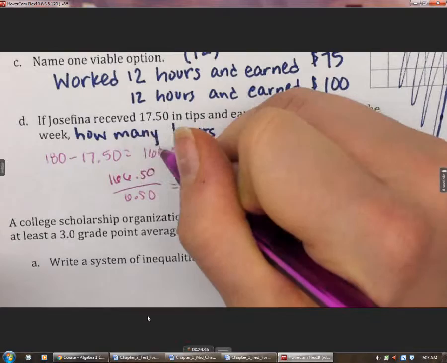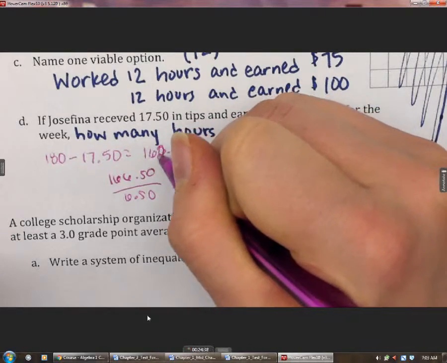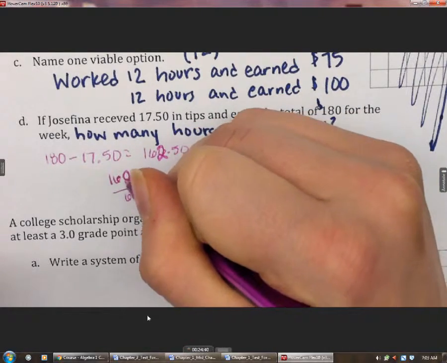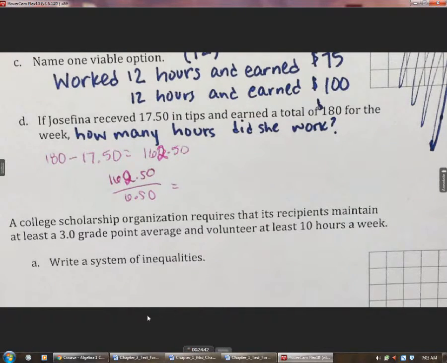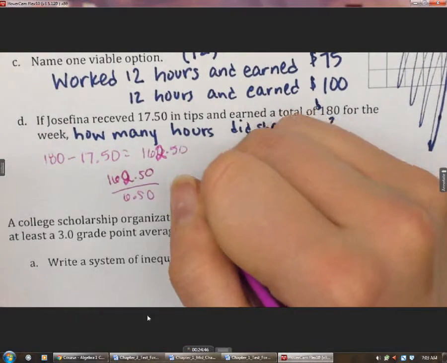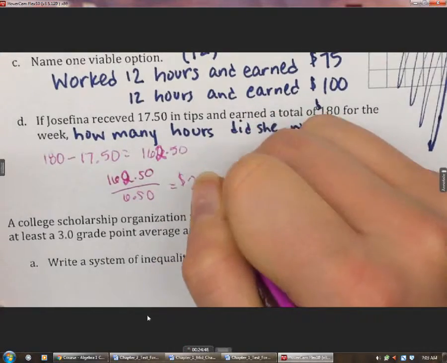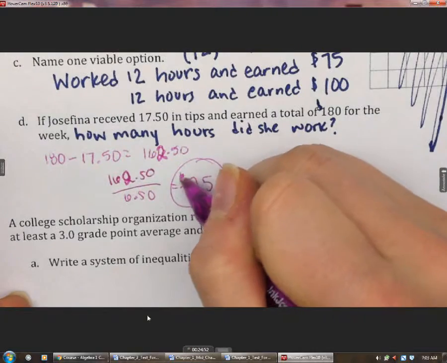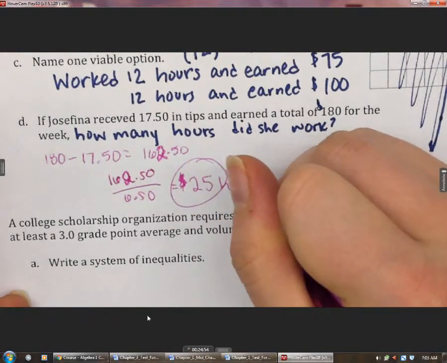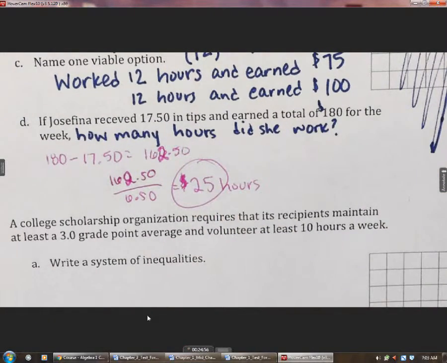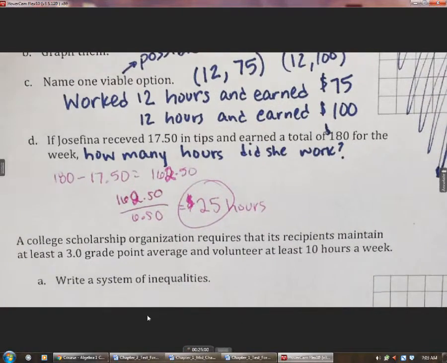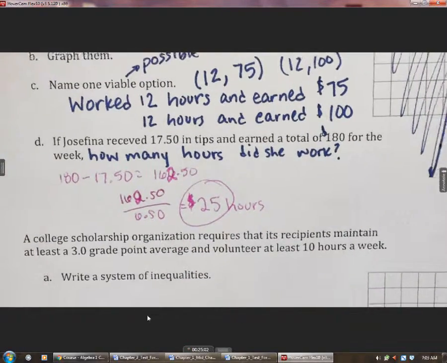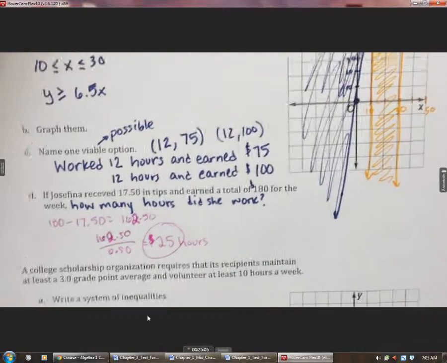This should have been $162.50. Probably most of you already knew that, and you're just laughing at me. It's okay. So it's 25 hours. This is actually one of the homework problems. I can't remember if I assigned it to you or not. If I did, I just solved it for you. You're welcome.